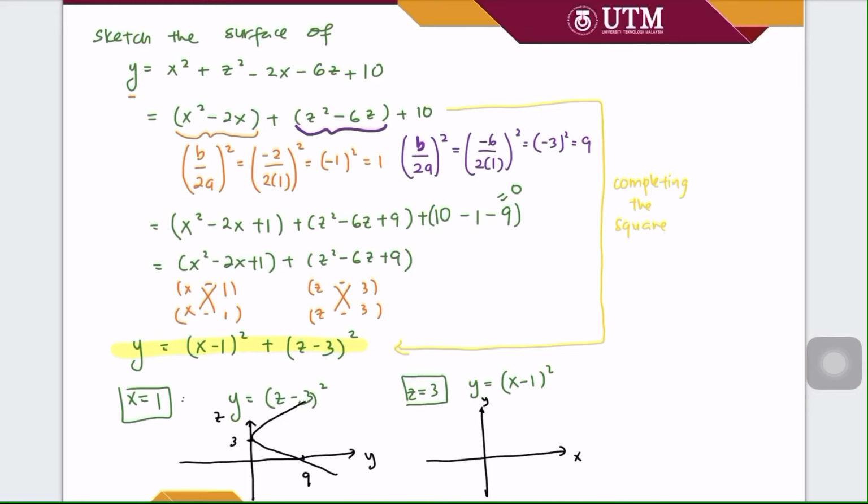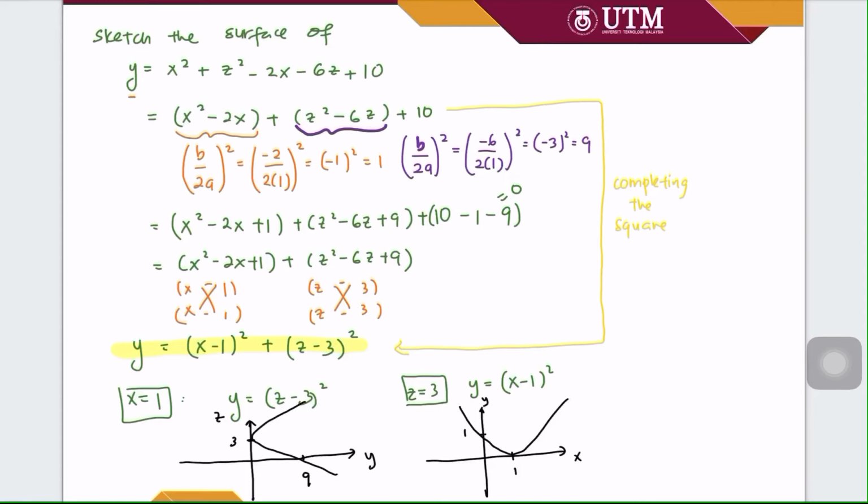So here is y equal to x minus 1 squared, meaning that x is shifted 1 unit. For x equal to 0, y is also 1. So it will be like this.